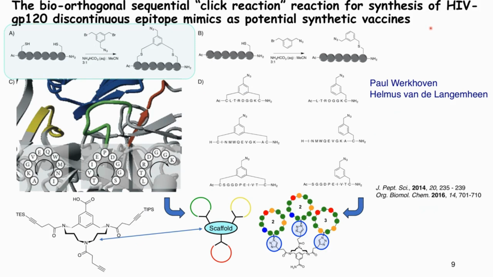for the synthesis of an HIV discontinuous epitope mimics as a potential synthetic vaccine. I think it's interesting to note that there is still not a vaccine against HIV.